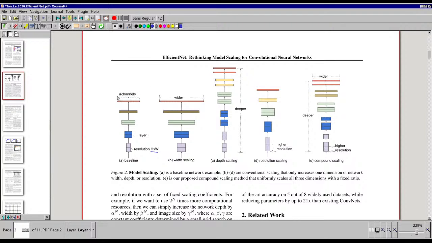Yeah, the number of channels. Width scaling is adding more channels. Resolution scaling. Compound scaling, all three.